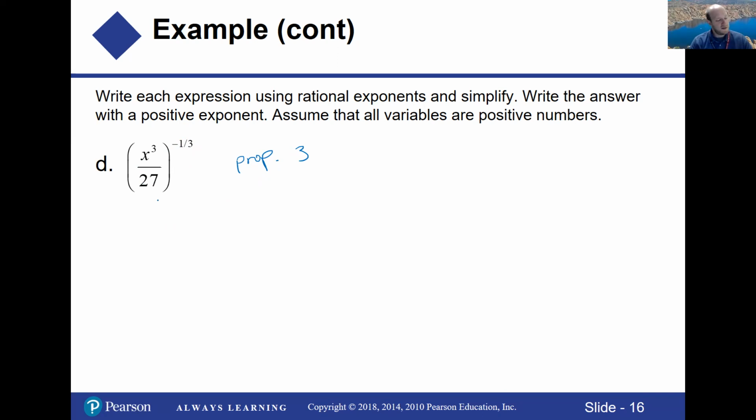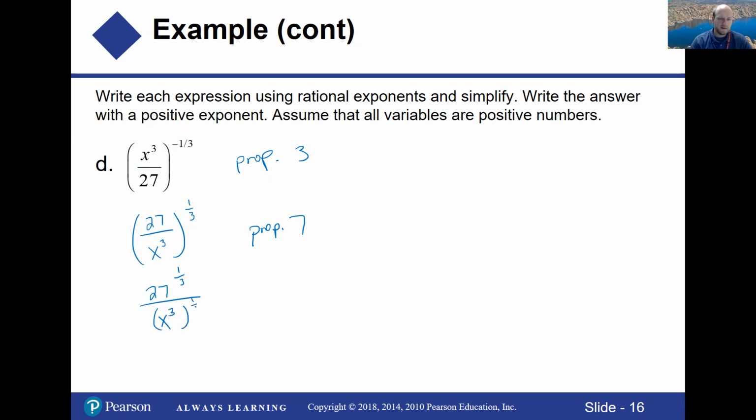So what I'm going to do on this one is flip-flop the numerator and denominator, and then make this exponent positive. So make that into a positive 1/3. Now I'm going to use, let's see, what property is that? Property 7 to basically distribute that 1/3 in there.